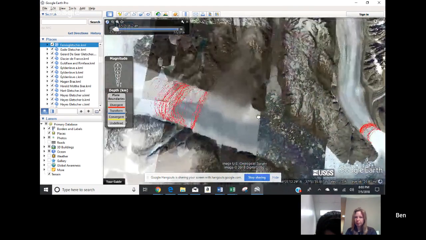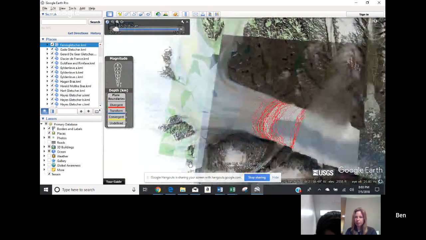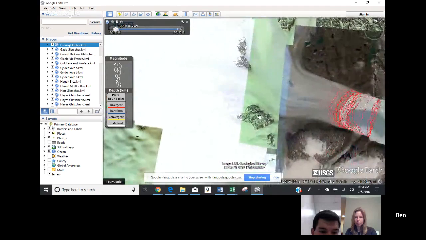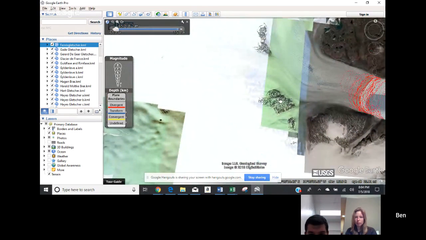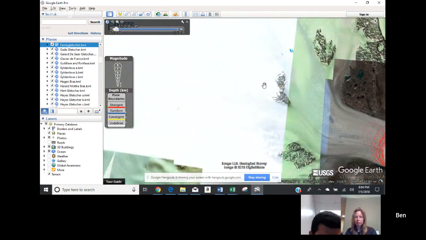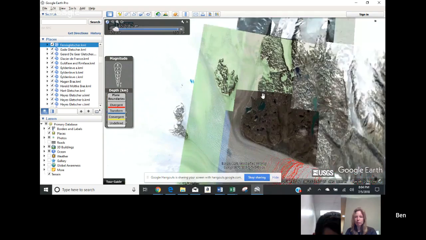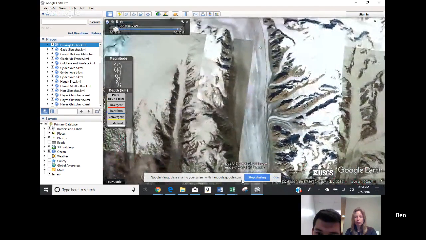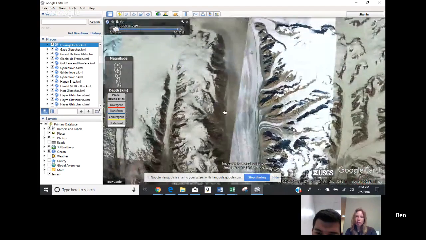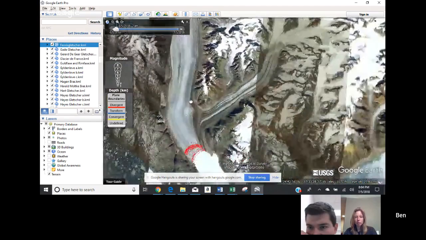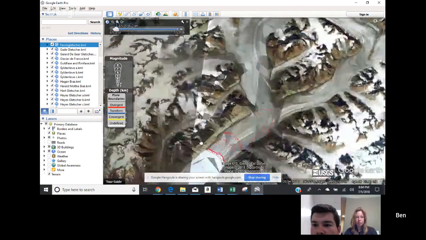This one looks like it should be fed from a really large area, but maybe what's feeding it is lower in general, so it doesn't actually get as much snow. Whereas if this one is coming from higher mountains, then maybe it just gets more snow, and so that's why it hasn't receded as much.